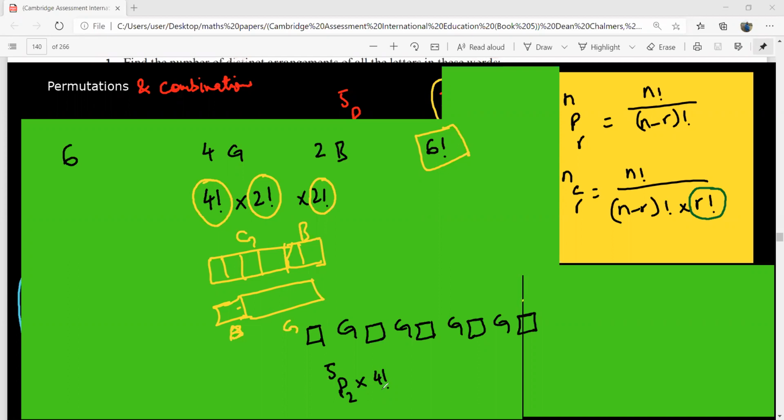Wouldn't it be 2P5 because the spaces are 5 and our objects are 2? Oh, come on. 5P2 means 2 out of 5, 2 in from 5, okay? So you can say 2P5.